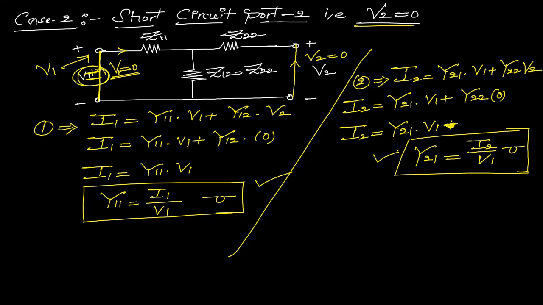But here the most important point is that we have some special names for all these things. Finally we got the expressions: Y11, Y12, Y21, as well as Y22. Actually, Y11 is I1 divided by V1.